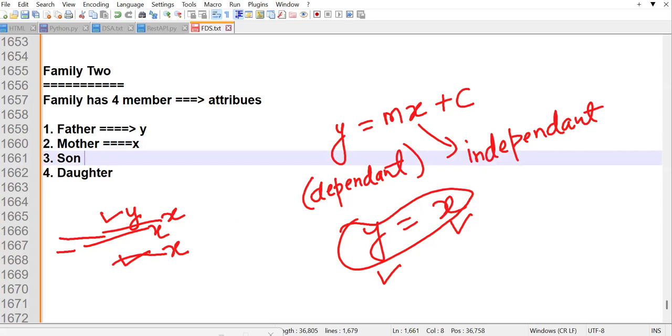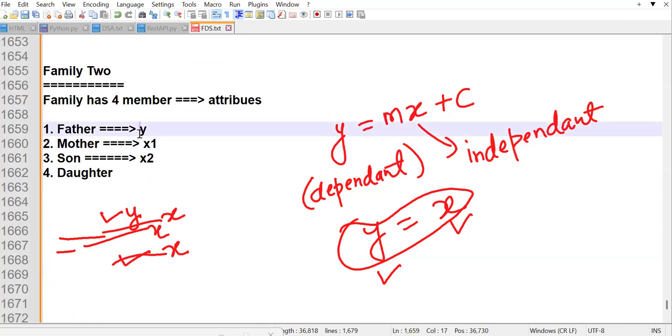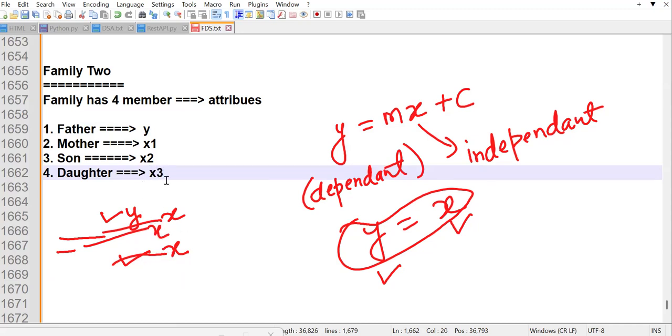Son is also an independent variable, let's say x2, and this is x1. And daughter is also an independent variable, x3. These independent variables affect the dependent variable, father.